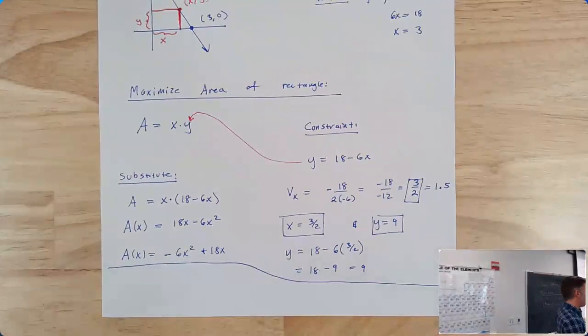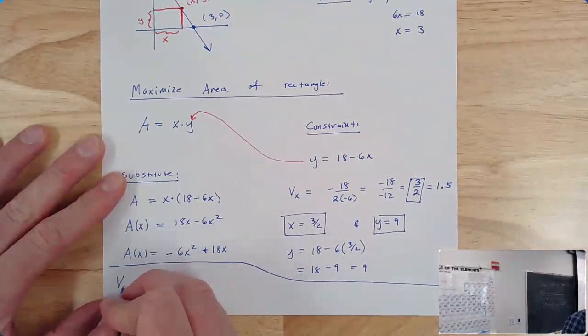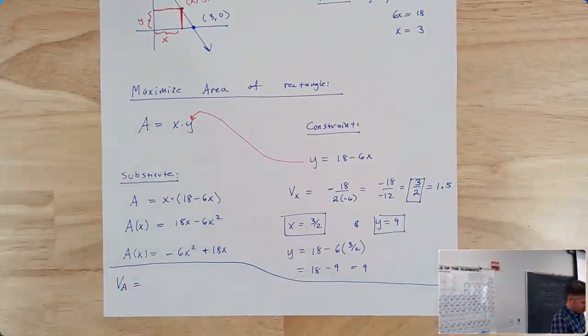I've already used the y variable, and my parabola isn't y equals negative 6x squared plus 18x. It's A of x equals negative 6x squared plus 18x. So I'm going to find the second coordinate, or the y coordinate of the vertex. I'm going to call it the A coordinate, or the function name coordinate. So if I find the other coordinate of the vertex, let's see what we get.